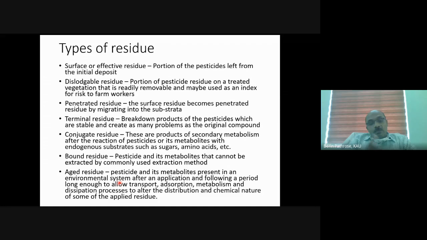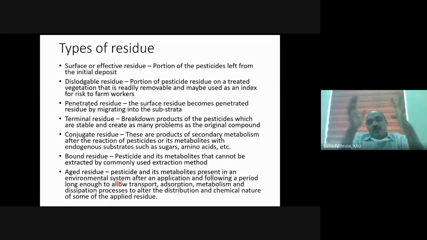Then comes terminal residue. These terminal residues are nothing but breakdown products of pesticides which are stable and create as many problems as the original compounds. That means, mainly with respect to persistent pesticides such as DDT, BHC, etc. DDT and BHC will get broken down into their respective metabolites, and certain metabolites of these organochlorines, DDT and BHC, are as stable and as toxic as the parent compound.